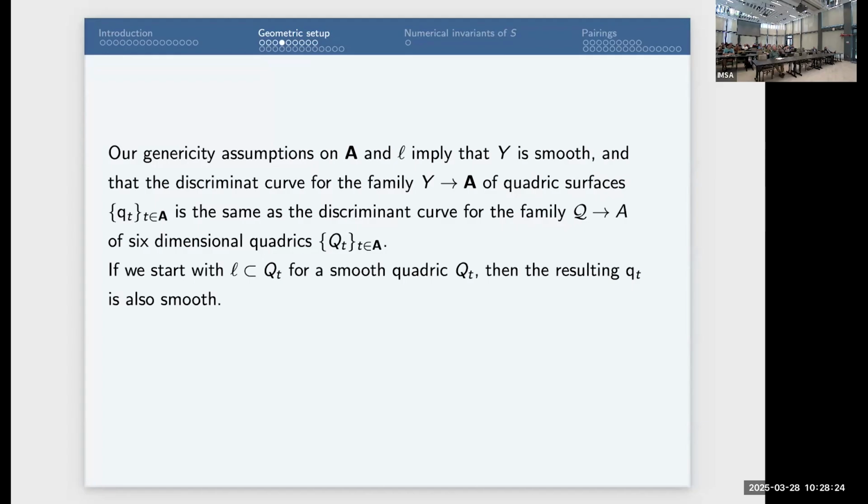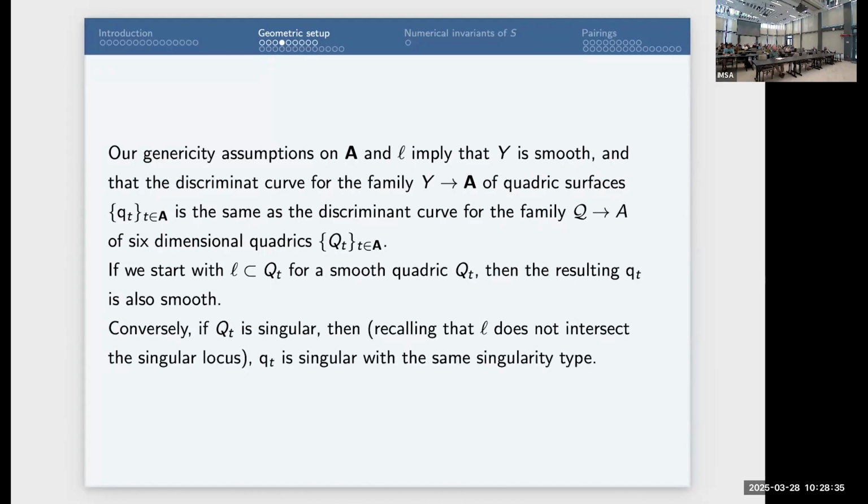In other words, we start with Q to the net L, or smooth quadric QT, because that little Q is also smooth. And conversely, if Q is singular, the fact that L does not meet the vertex implies the quadric QT is singular with the same singularity.